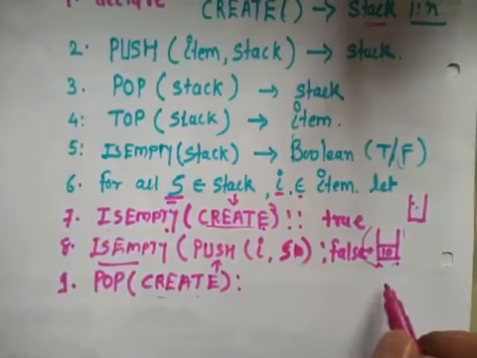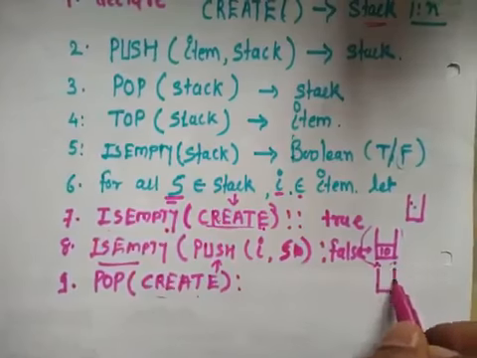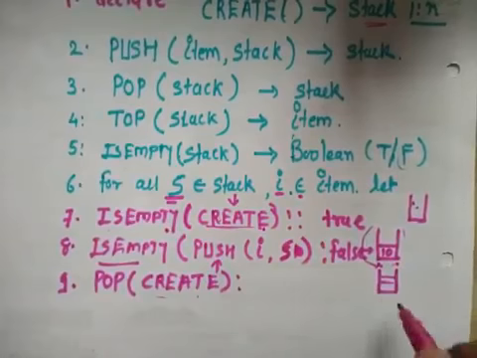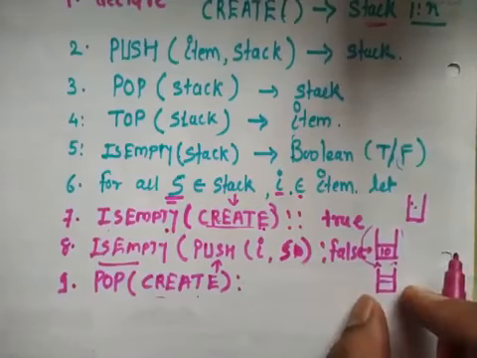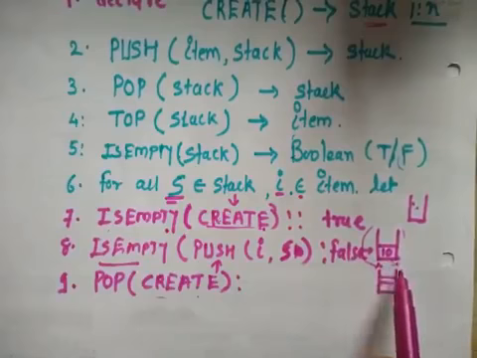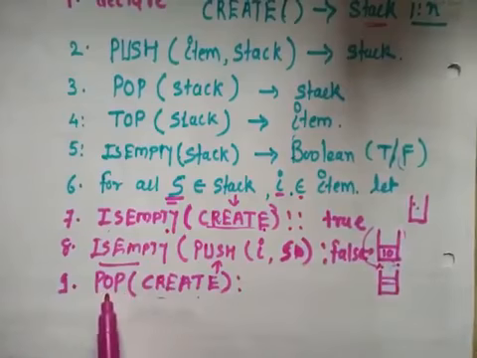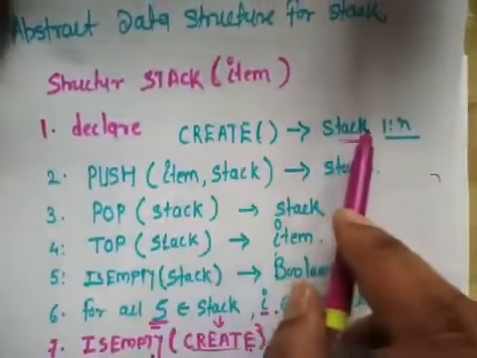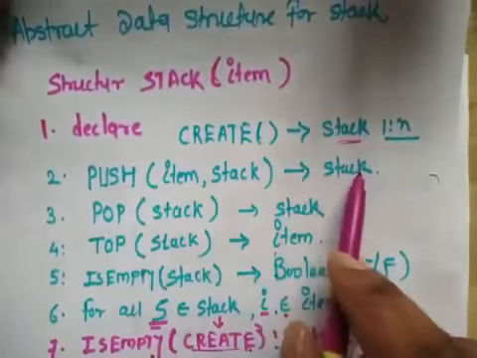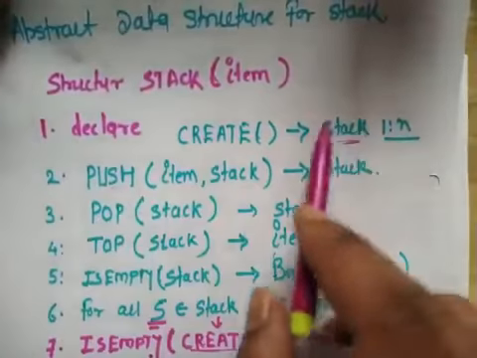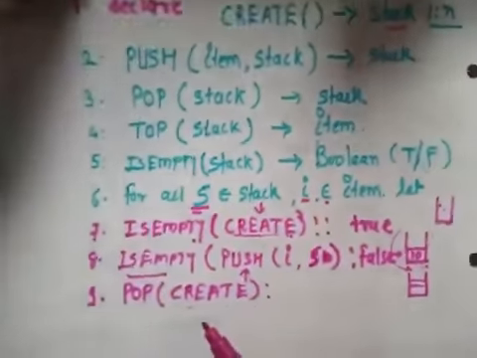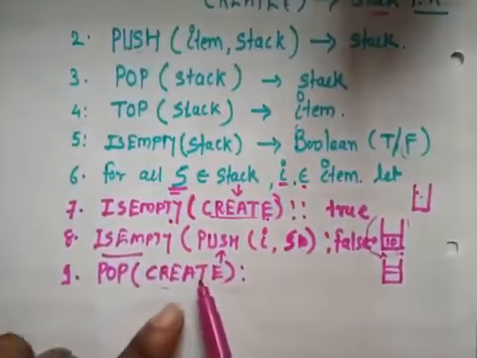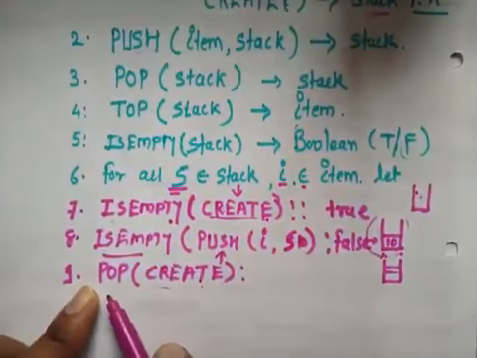What did the create function do? It creates an empty stack and returns it to the pop operation. We already defined that the create function returns a stack, the push function returns a stack, the pop function returns a stack. These are updated stacks. Likewise, this create function creates an empty stack and returns it to the pop function.